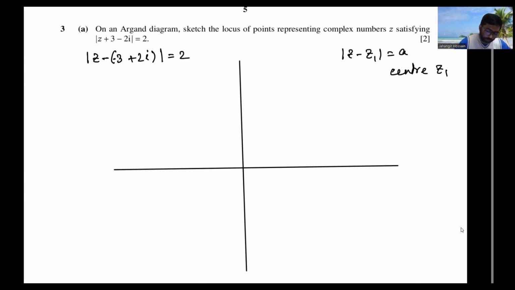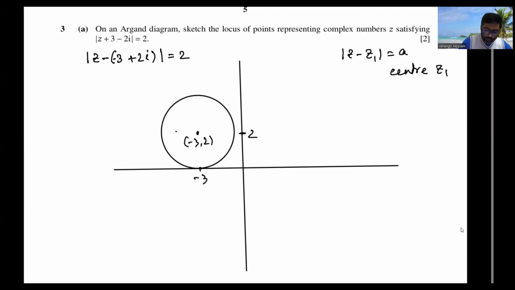The center will be minus 3, 2. That's minus 3, that's 2.